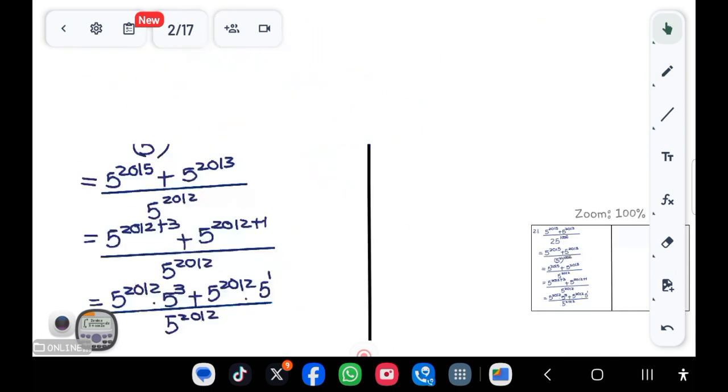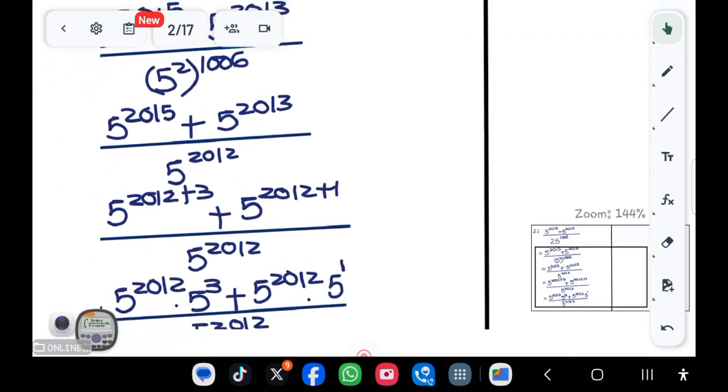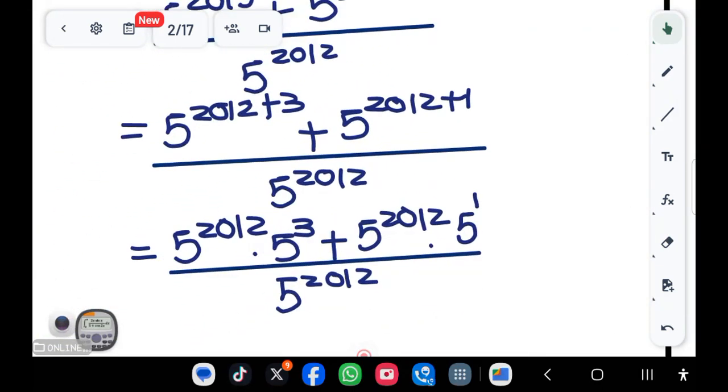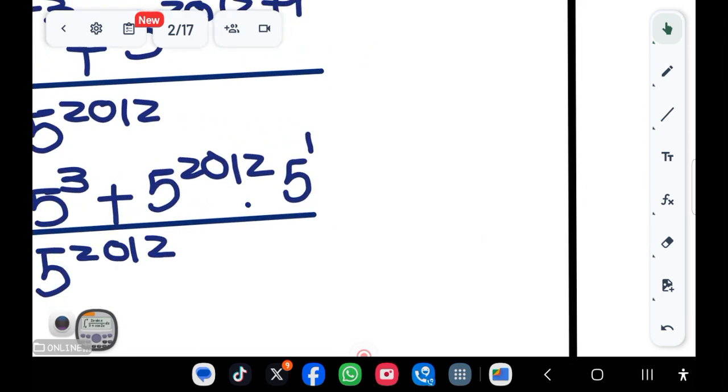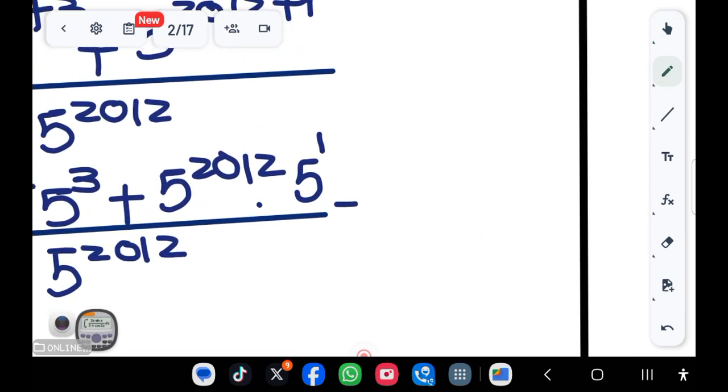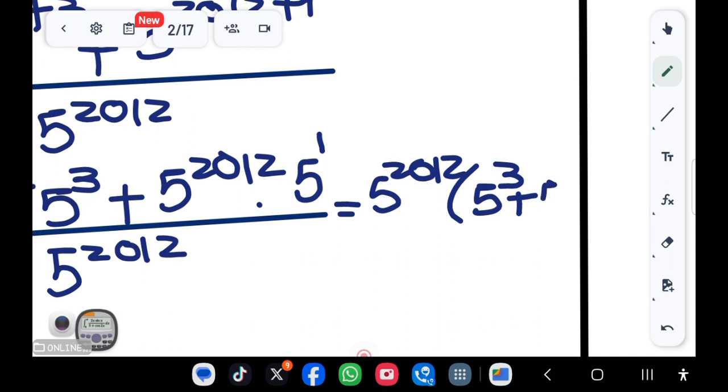You can skip it. If you know how to work your exponents without any problem, you can skip this step, and that leaves you with 5 to the power of 2012 times 5 cubed plus 5 all over 5 to the power of 2012.